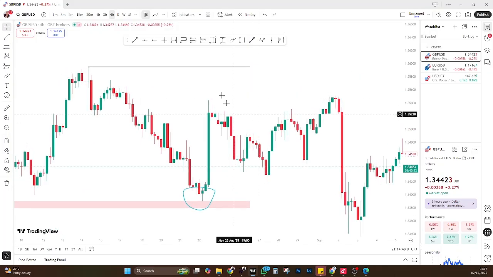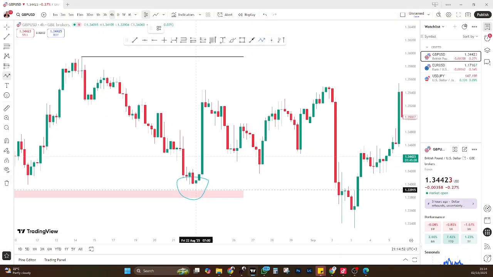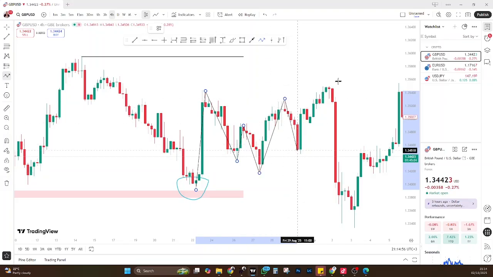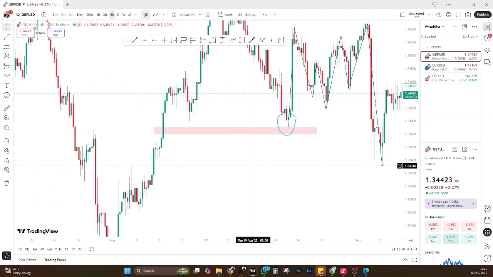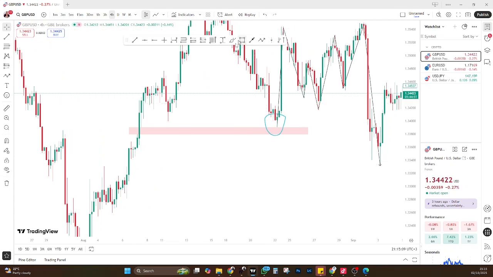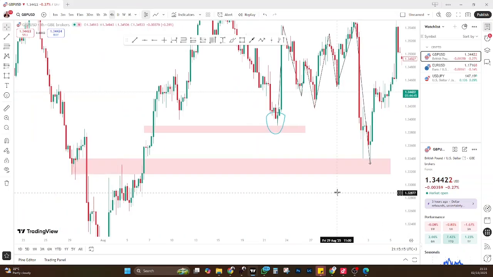So they are expecting the market will come and take this high. But what did the market do? It came, retraced, and then took out their stop loss, and it came and bought from this breaker block here. Can you see that?